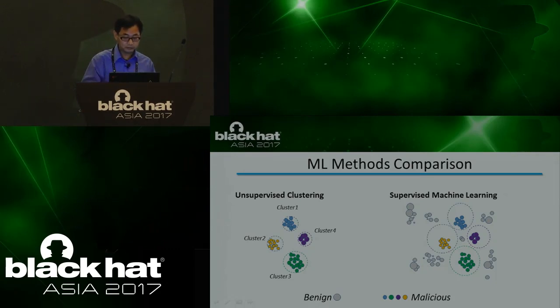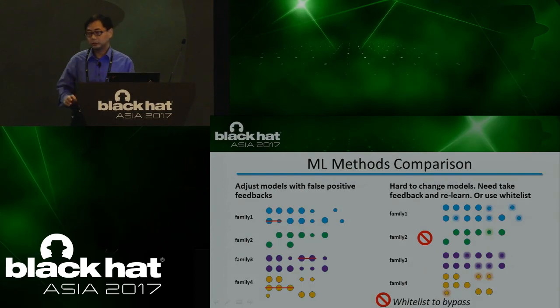Also, we are doing a product, so it's very important that when we have a customer who says, this is a false positive, we must have a way to immediately rectify it. We want to be able to modify the model. The clustering, the unsupervised, has a very good way: we just remove that cluster from your clusters.